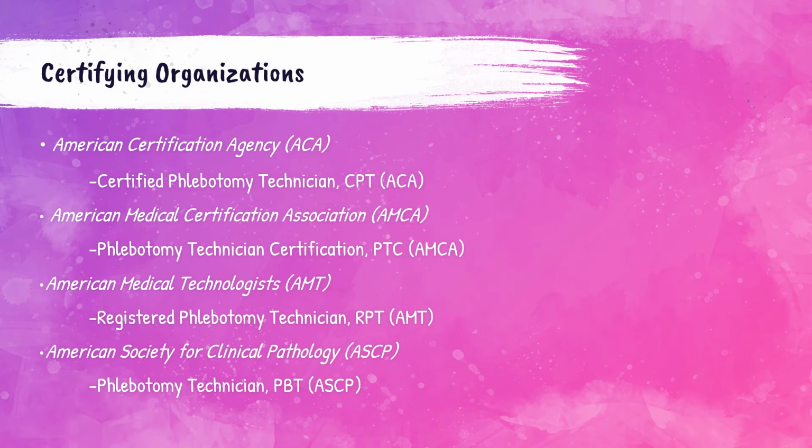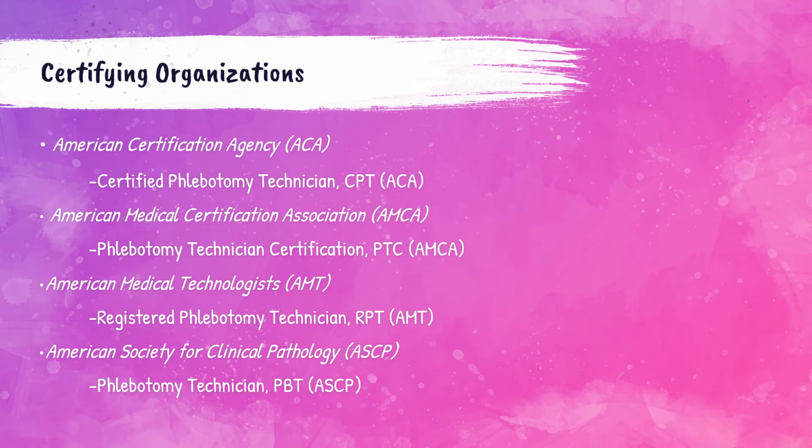So I've just mentioned that there are a lot of different agencies that certify phlebotomists. There is an American Certification Agency, or ACA, and the designation for this certification is Certified Phlebotomy Technician, or CPT ACA. There is an American Medical Certification Association, or AMCA, and the designation for this certification is Phlebotomy Technician Certification, or PTC AMCA.